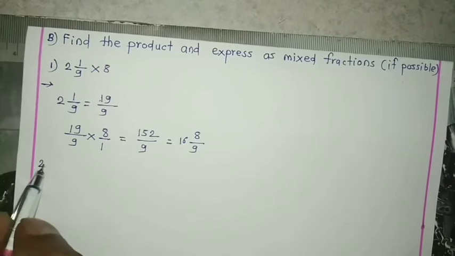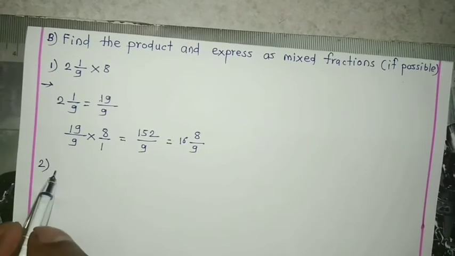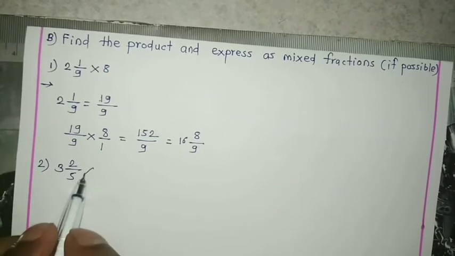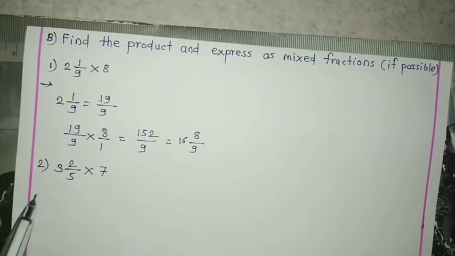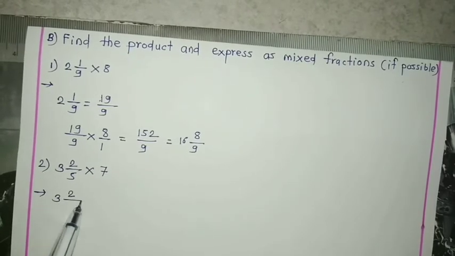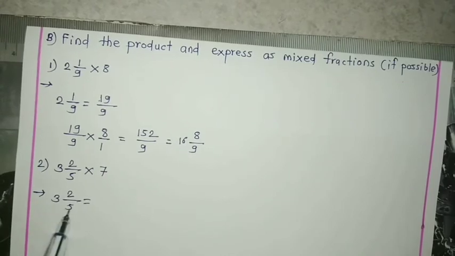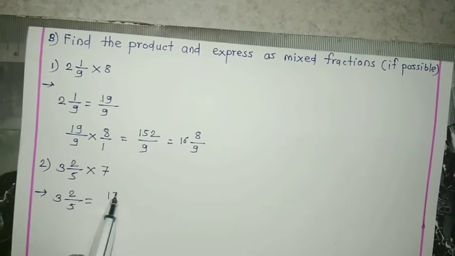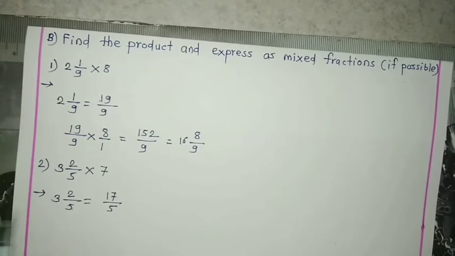Then the next question is the second question. 3 2 by 5 into 7. So we have to find the product first and express as a mixed fraction. So 3 2 by 5 means 5 into 3, 15, 15 plus 2, 17, 17 divided by 5.